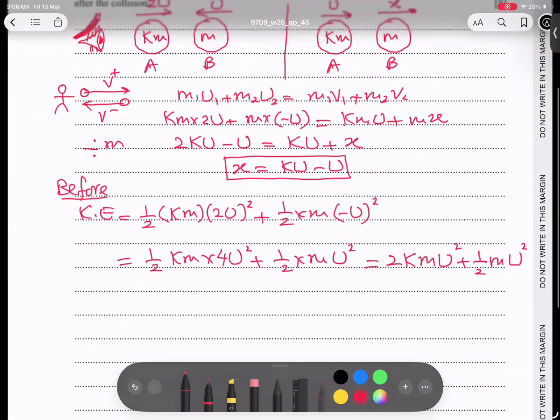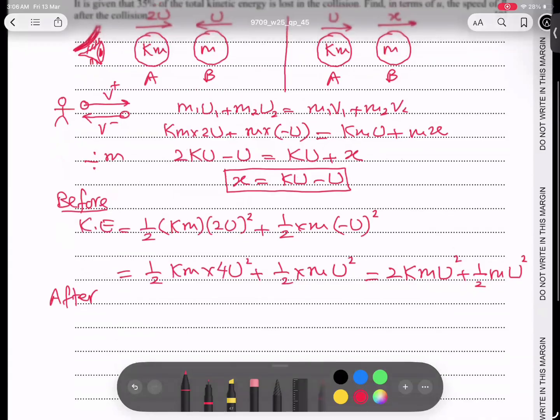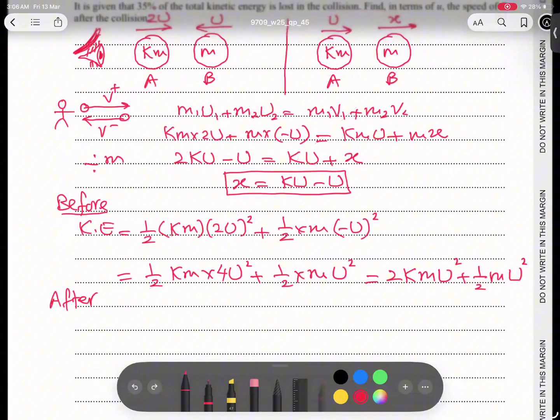So let's talk about after collision. After collision, we have the data available here, so I'm finding the kinetic energy after collision. After collision, we can write half m v squared. M is km and v is u, so half km u squared, plus half m x squared.